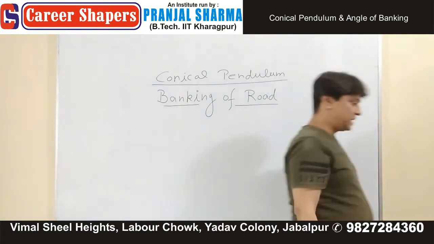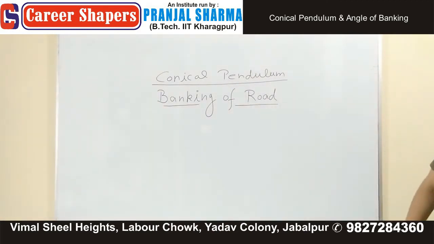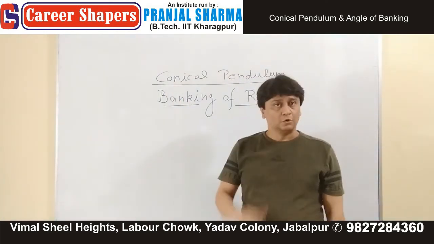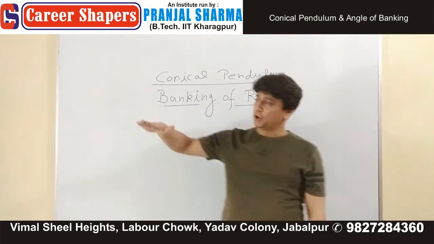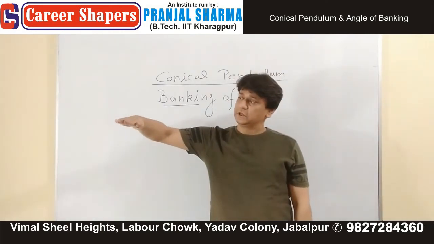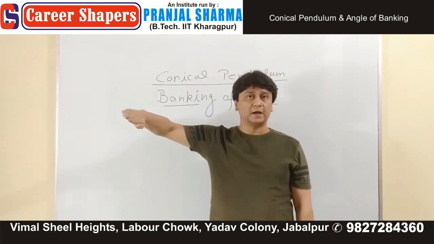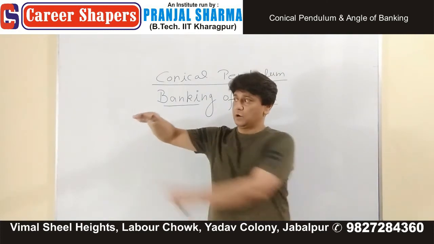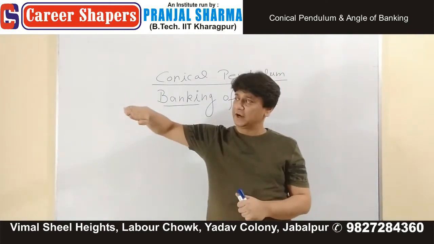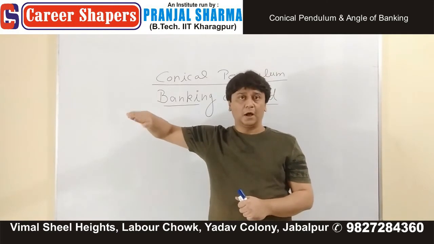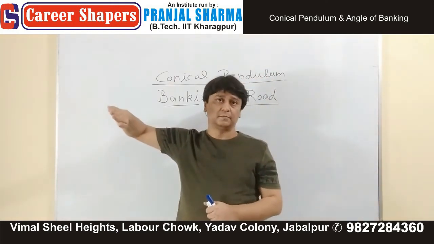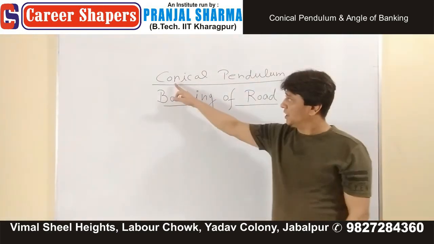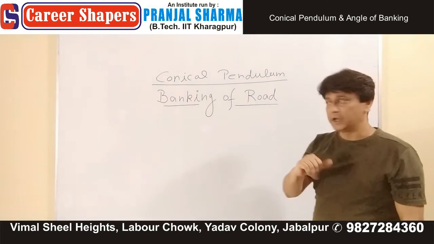Something we are not interested in. If we want to take a safe turn, then what did people do? People tilted the road like this. The outer edge, this is the road, the outer edge is lifted like this. If you lift it like this, then what will happen? And why do we study this under conical pendulum? See both these things.